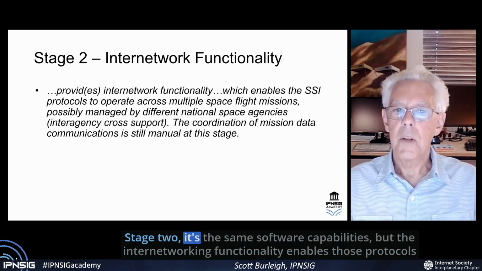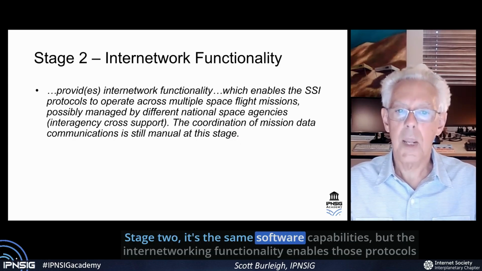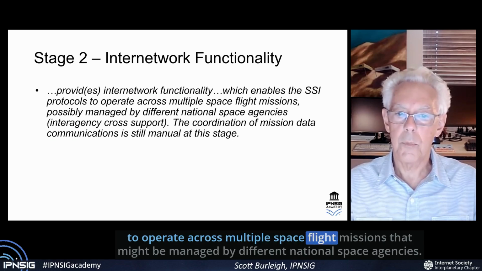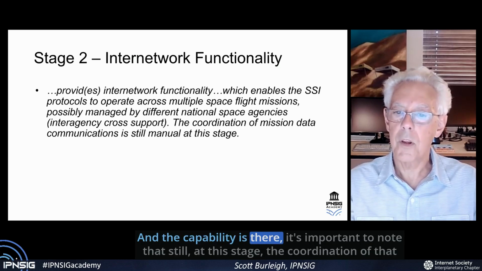Stage 2, it's the same software capabilities, but the inter-networking functionality enables those protocols to operate across multiple spaceflight missions that might be managed by different national space agencies. And the capability is there.